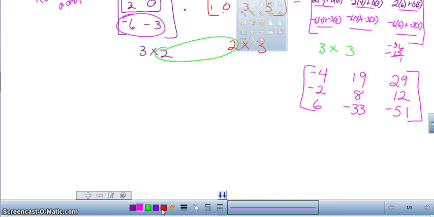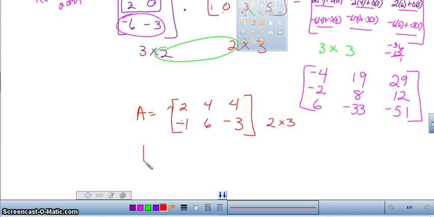Now, we're not going to actually multiply these, but I want to make sure you understand a couple things. Let's say I have matrix A, which is 2, 4, 4, negative 1, 6, negative 3, which right away you should look at and say, okay, 2 by 3. And then matrix B is 1, negative 1, 0, 5, 2, 6, which is 3 by 2.